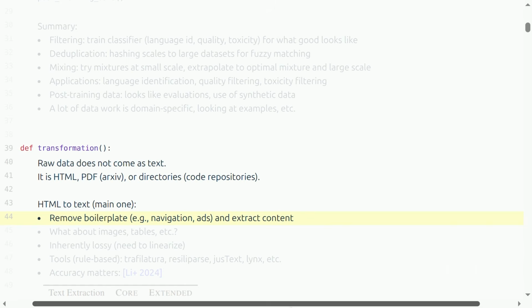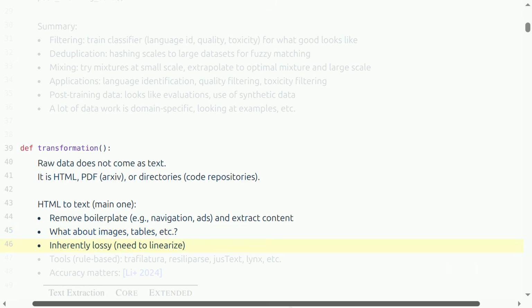Usually you get rid of the footers and headers and maybe menus, and you try to extract the content. But you could imagine cases where some of the navigation elements might be helpful to learn what web pages look like. So what is content and what is not content is not always clear. And then what do you do about images and tables in web pages?